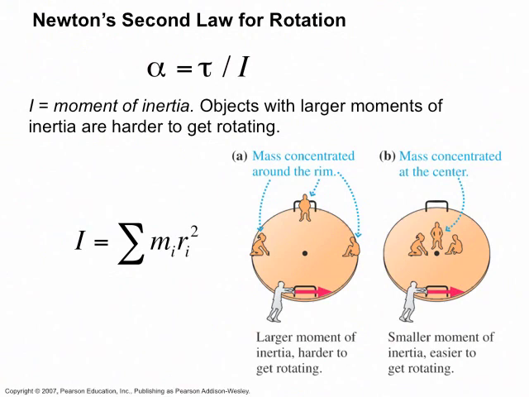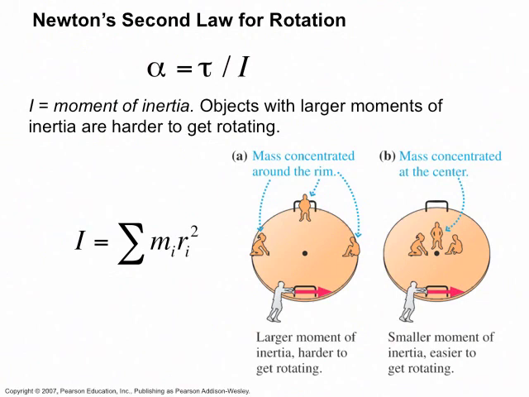Our equation for moment of inertia, rotational mass, I, is the sum, sigma, of the amount of masses, in this case the 3 kids, and where the 3 kids are sitting. R squared is not the radius of the merry-go-round. It's not the radius of any shape. R squared is the distance from where the kids are to the pivot point, the center of rotation, the center of the merry-go-round.